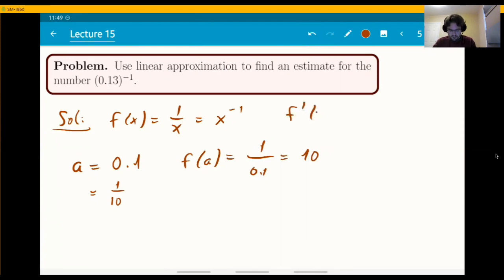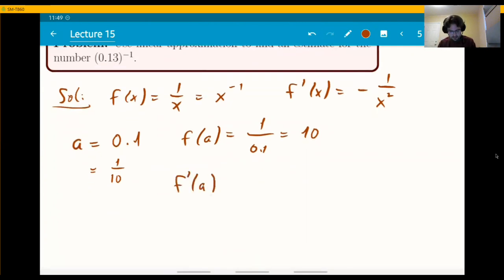Well, f prime, we know that we're going to need that. That's minus 1 over x squared, again by the power rule. So when you find f prime of a, that's going to be minus 1 over 0.1 squared, which means minus 1 over 0.01.